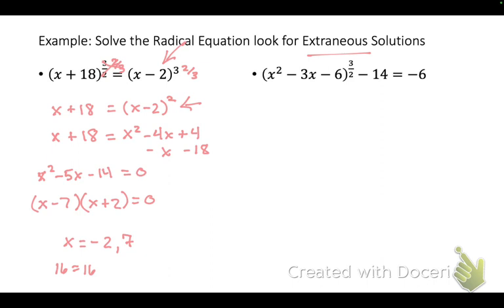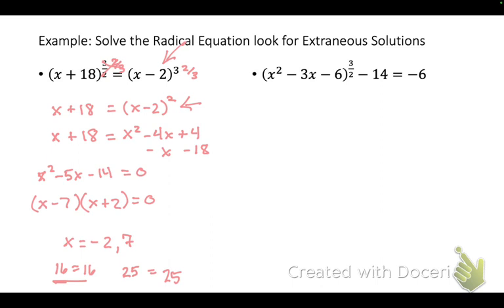This is your check. So 7 plus 18 is 25 equals 7 minus 2, which is 5, squared is 25. So do they both work? Yeah. Okay. So I thought we weren't doing these ones. We just did them. Okay, now what?